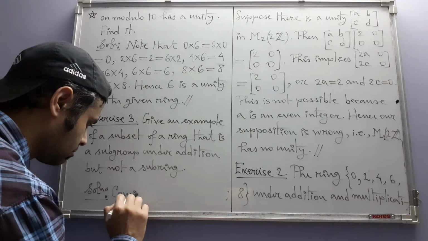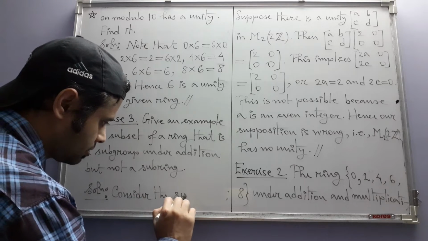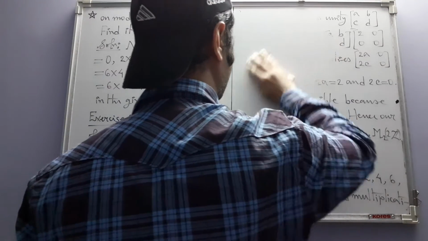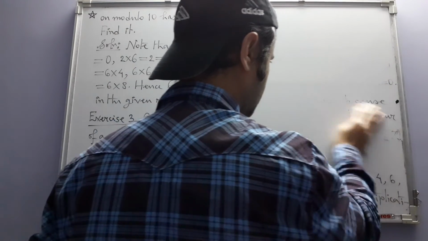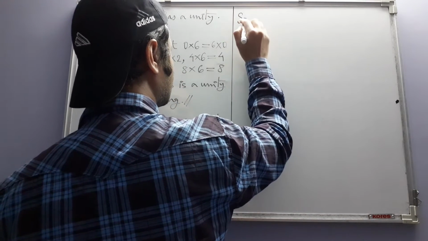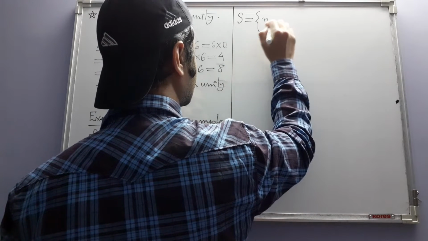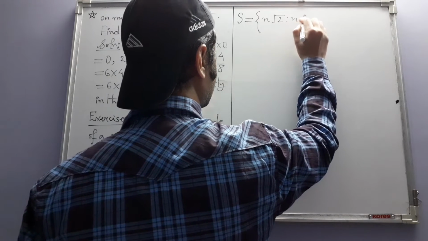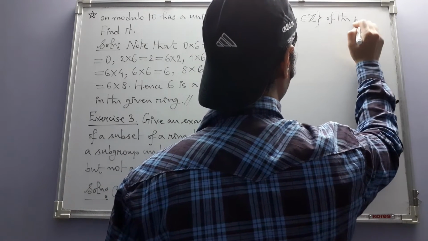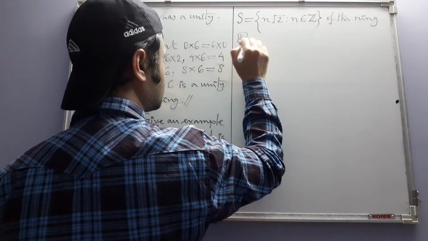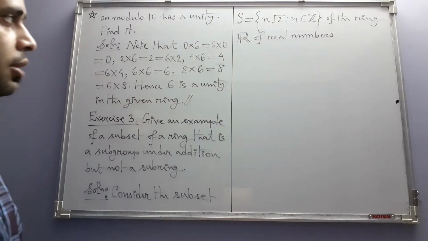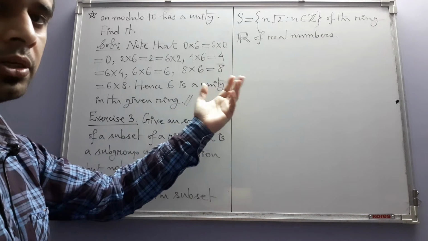Consider the subset S of n root 2, where n is an integer, of the ring of real numbers, where the addition and multiplication are ordinary addition and multiplication of real numbers.